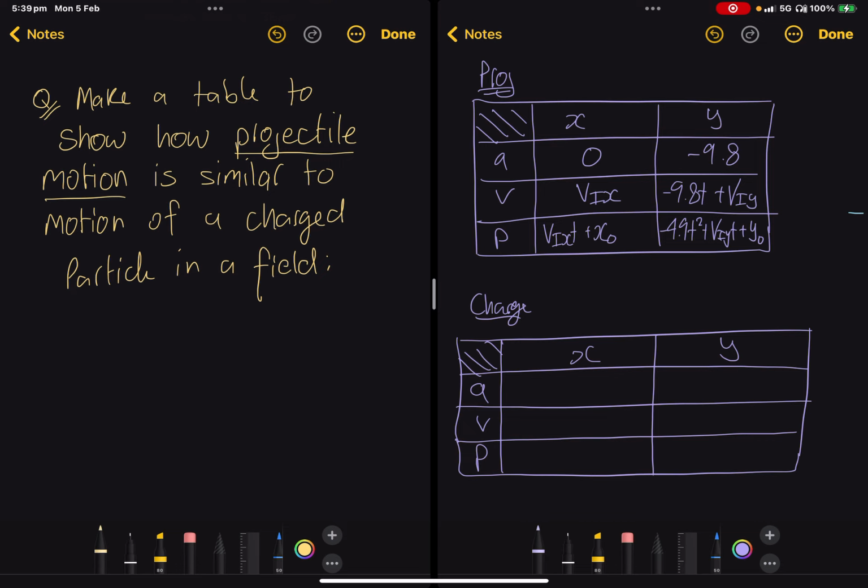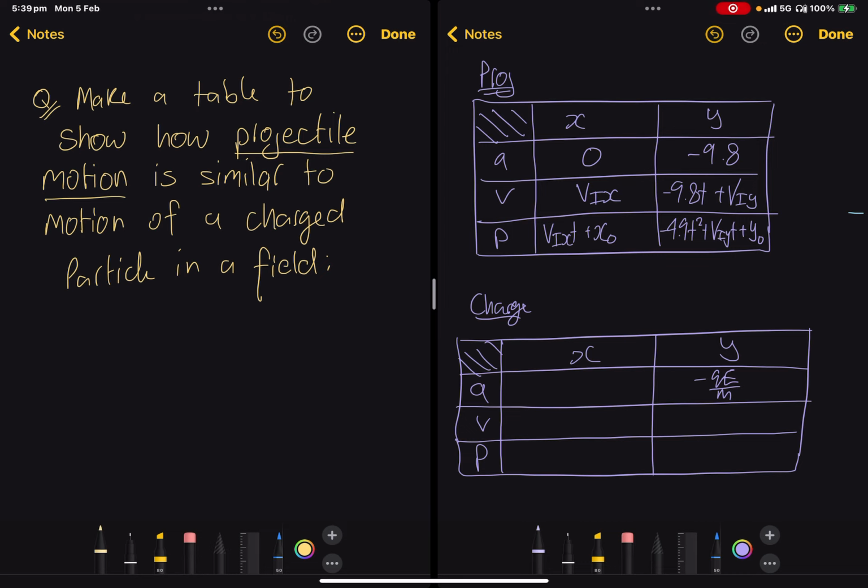So if we assume in a very basic case that the acceleration from the field is pulling downwards, then we will get an acceleration in y, and the value will be something like minus QE over m. So this will be some acceleration downwards in y. And I've made it negative to show that it's downwards. It depends what the particle is, it depends what the field is as to whether it would be positive or negative. I've just chosen negative here.